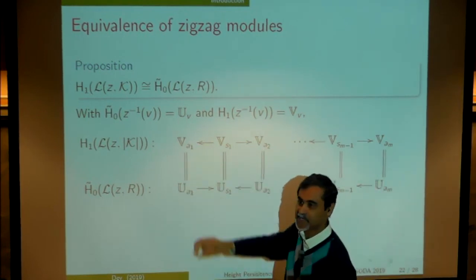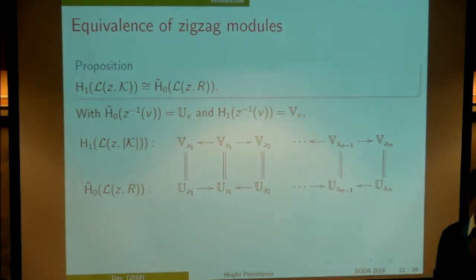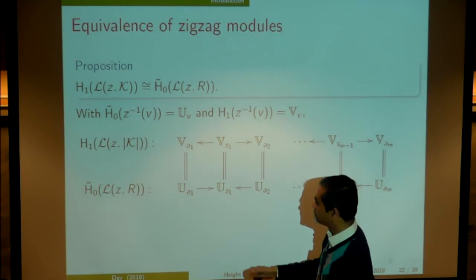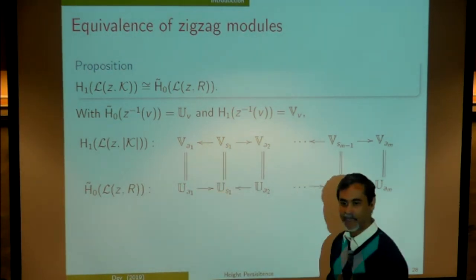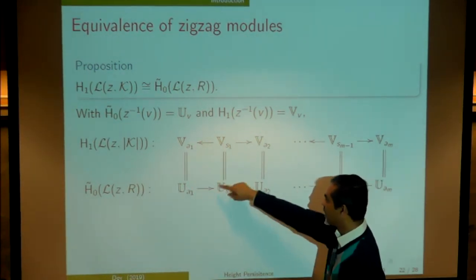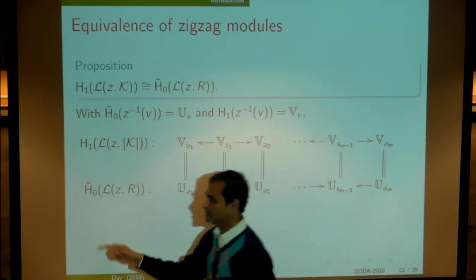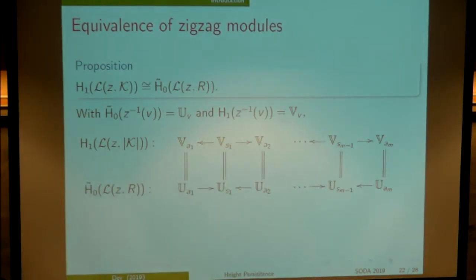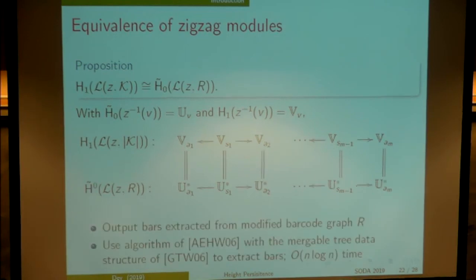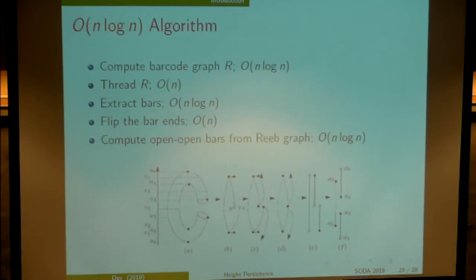The vector spaces are exactly the same because that's the way I computed it. The only thing to prove is that now these arrows are in different directions. To take care of this, I take the dual, the cohomology group, so that I turn the arrows in the other direction.